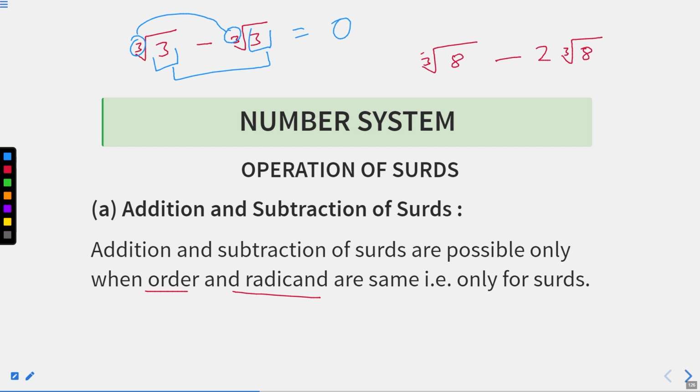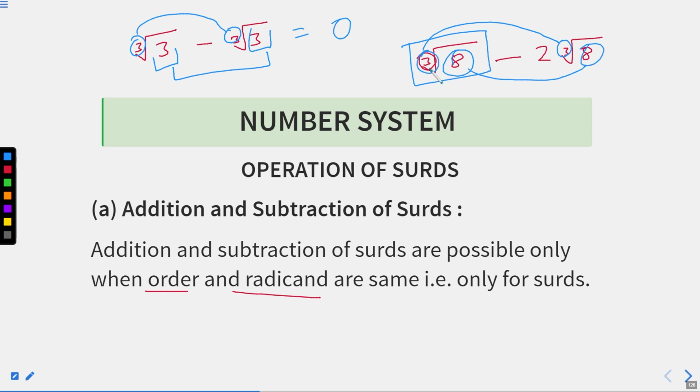Here the order is the same, the radicand is also the same. Here the cube root of 8 is getting subtracted from 2 times the cube root of 8.